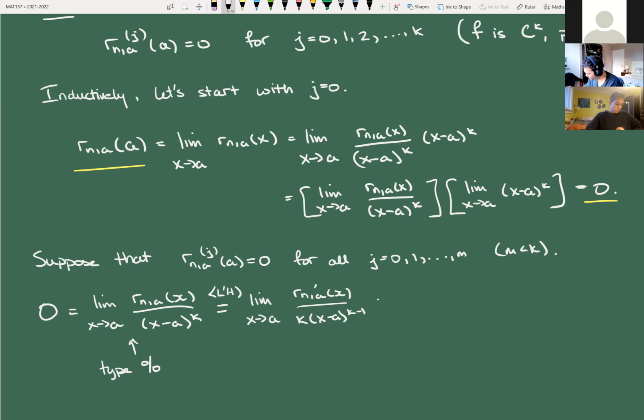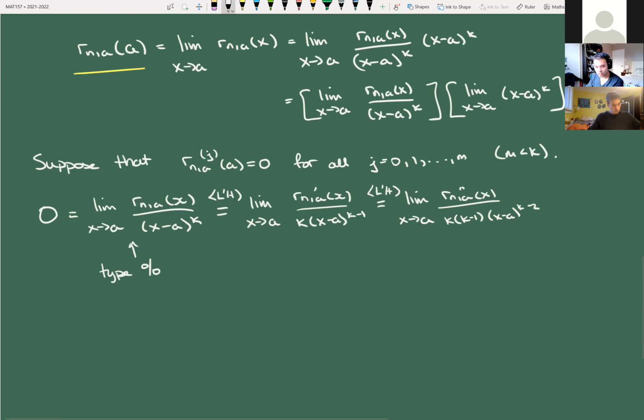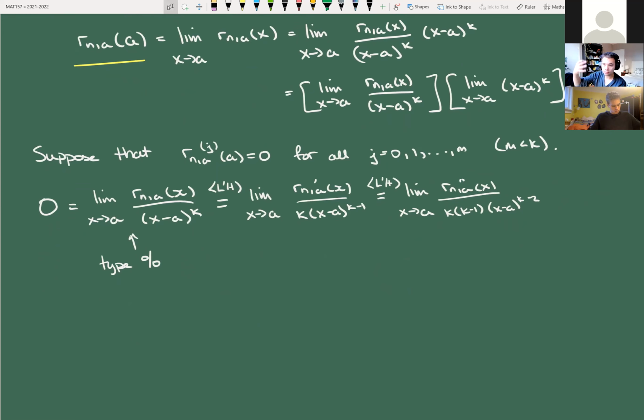So we can just keep on doing this, right? We can keep on applying L'Hopital. Maybe let me do one more. I've got to put my limit in. Limit as x approaches a of R_n,a double prime over k times (k minus 1) times (x minus a)^(k minus 2), right? And I can just keep on doing this because I get type 0 over 0 all the way until I get to the jth derivative.